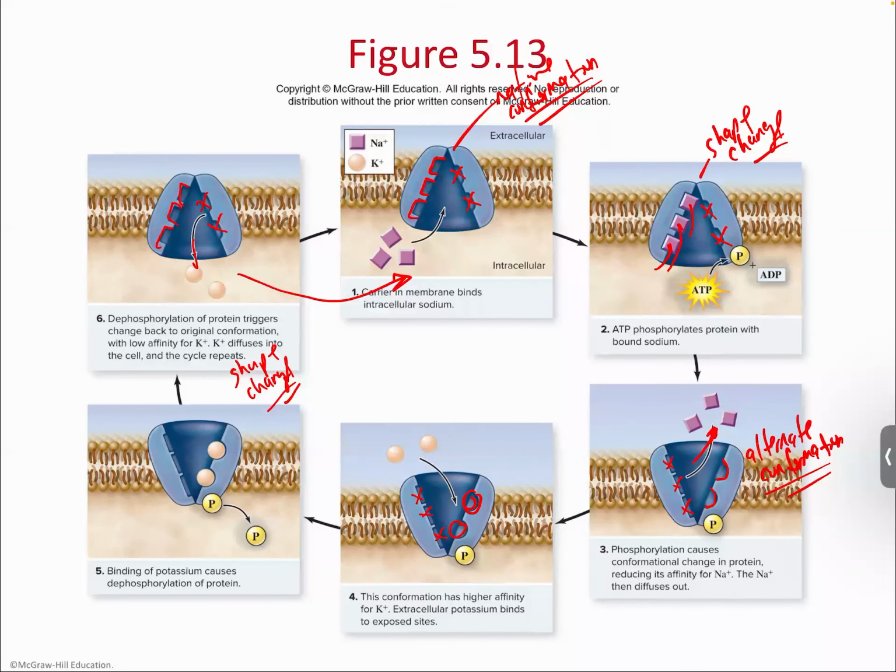Then it dumps the potassium, grabs the sodium, and goes through a shape change. Dumps the sodium, grabs the potassium, goes through a shape change, and so forth. It's just change the shape, grab, dump, grab, dump. That's basically what it's doing the entire time. So you can see that after a couple of rounds of that, you're going to start building up a nice little sodium concentration gradient.